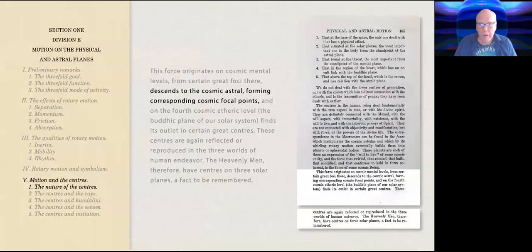So next up, this force originates on the cosmic planes from certain great foci there, descends to the cosmic astral, forming corresponding cosmic focal points. These focal points would be in the solar logoic astral body.